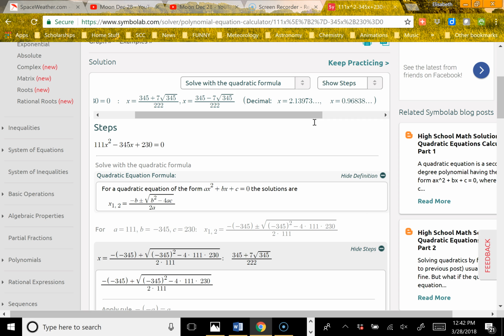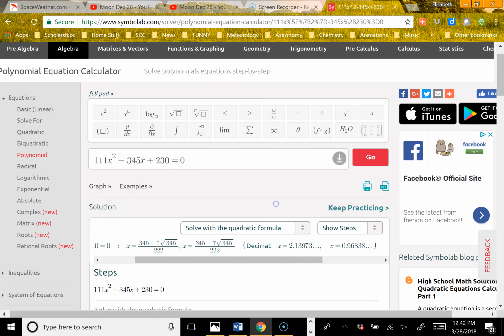And for this one, as long as you use parentheses and you nest them correctly, you don't have to get it to standard form. So let's go back up.